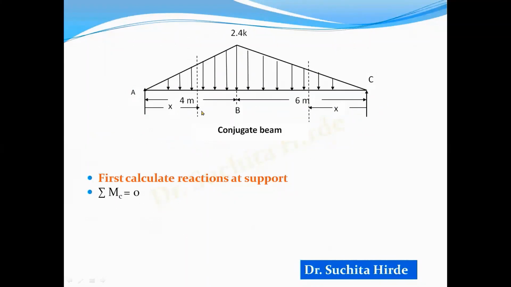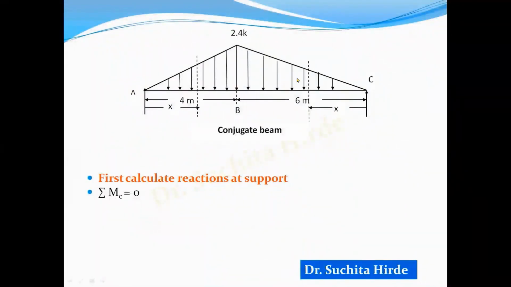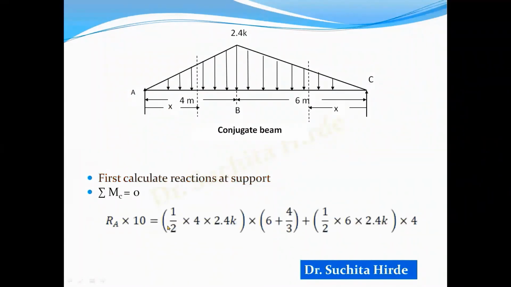Now what are the forces here? This is one reaction. We are converting this total triangular load into two small triangles. One is above AB and the second is above BC. So taking moment of three forces about C equal to 0. First we will take the moment of force A. So RA into 10, since moment is equal to force into perpendicular distance, is equal to, what is the moment of this triangle?